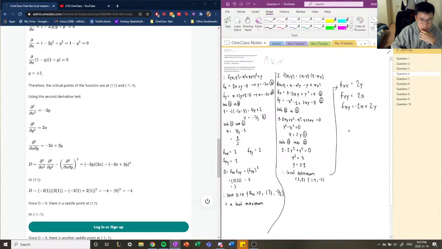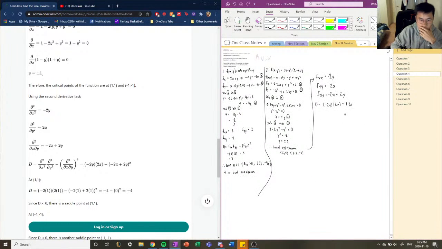Okay, so now we're going to take our discriminant. So our discriminant is equal to, it should be negative 2. No, that should be positive. Okay, this should be negative. Negative 2y times 2x minus negative 2x plus 2y squared.